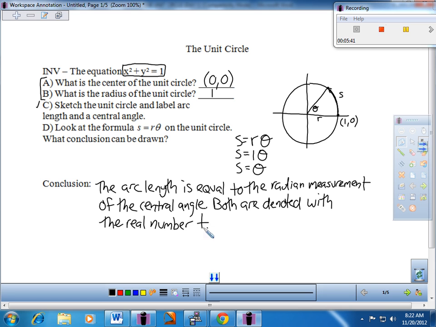So you're going to hear me talk a lot about our t values over the next few days. In this case, that t value is going to have a dual meaning. It's going to be the central angle in radians, and it's also going to be the arc length around the unit circle. So t is going to represent two things simultaneously. Okay, so I hope everyone's okay with that.